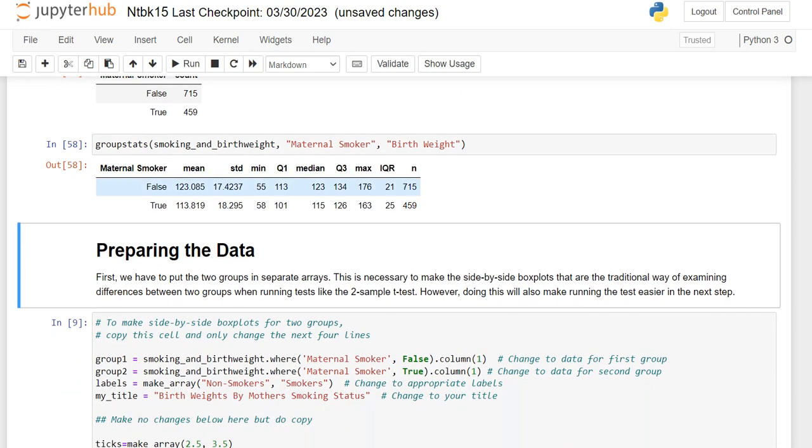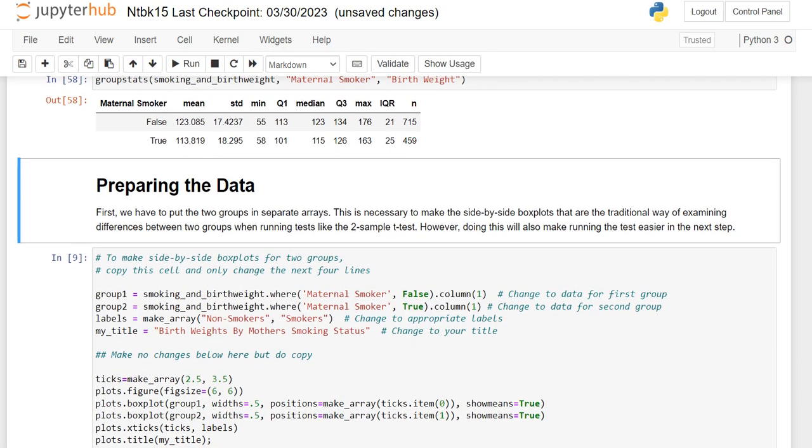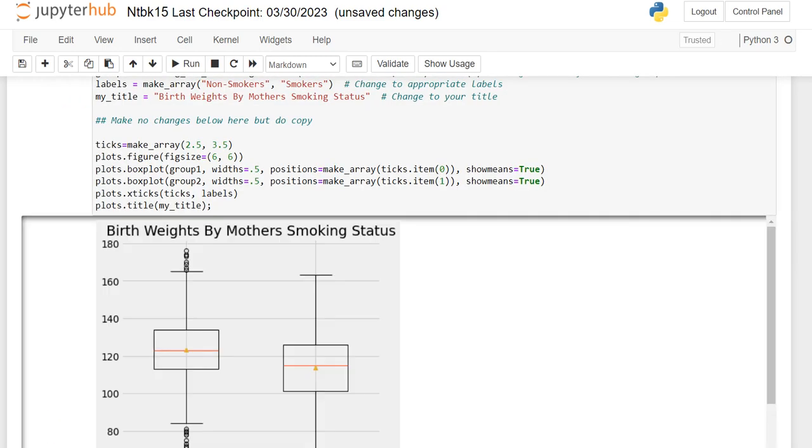And we see, oh, look, the average birth weight for the non-smoking moms was about 123 ounces, compared to a number that's almost 10 ounces less. These are fairly large standard deviations, so we know there's a lot of variability in these birth weights. What we don't know is whether or not there's any impact based on smoking.